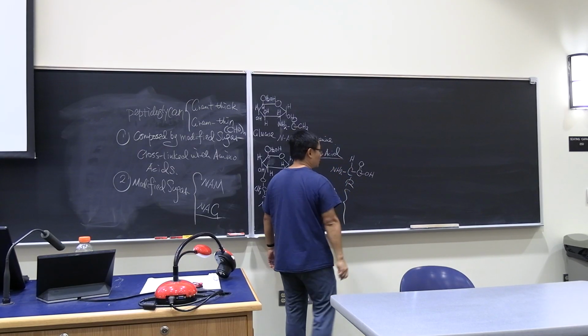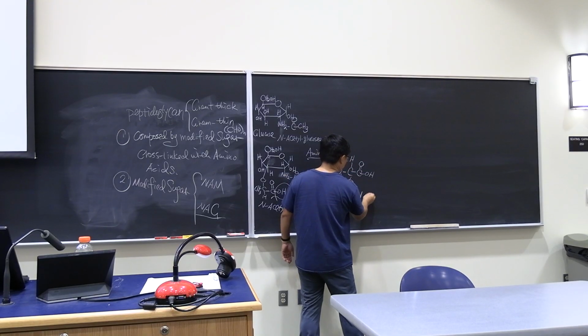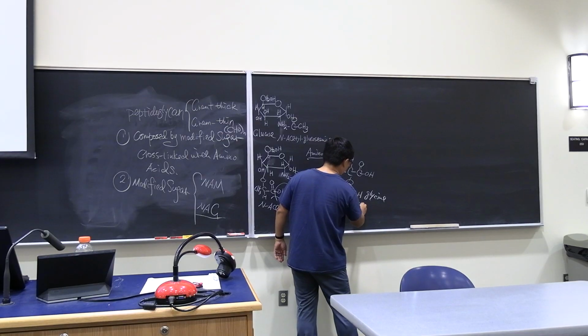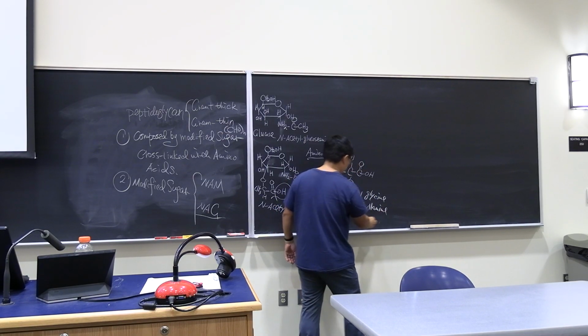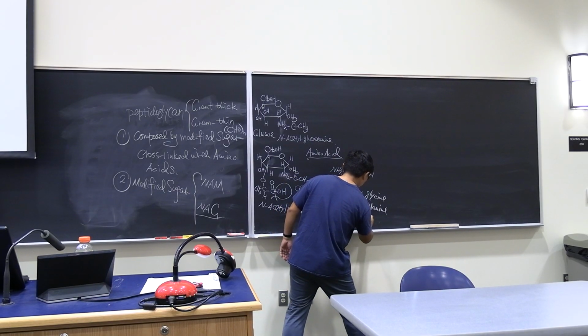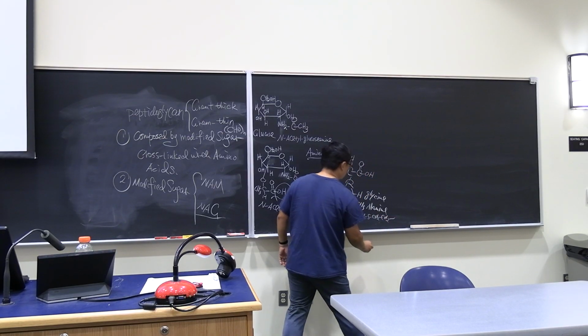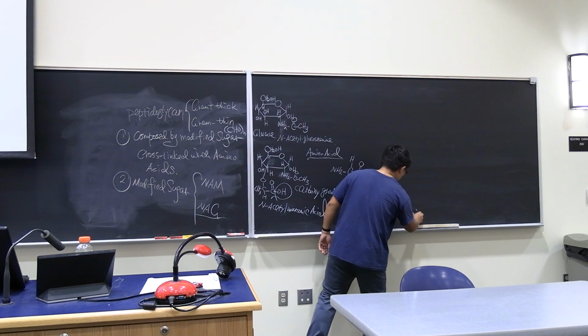Depending on R, if you have H, it is glycine. If you have CH3, that's alanine. What else? You may have SCH2CH2, which is called methionine; we're going to talk about that later.